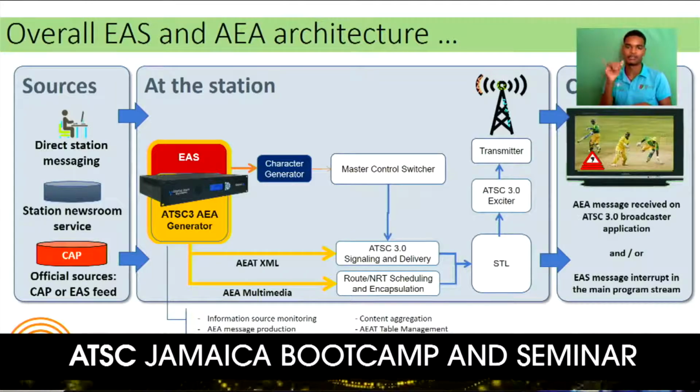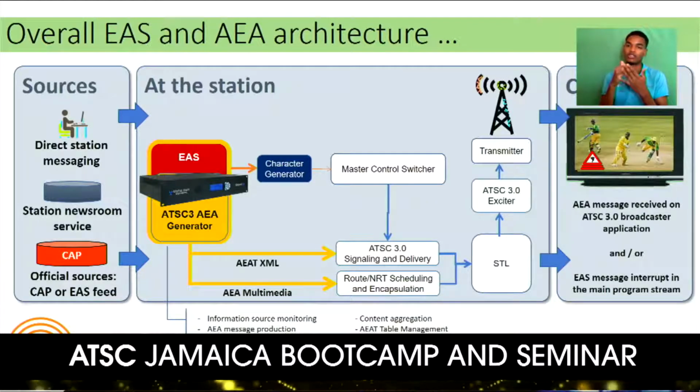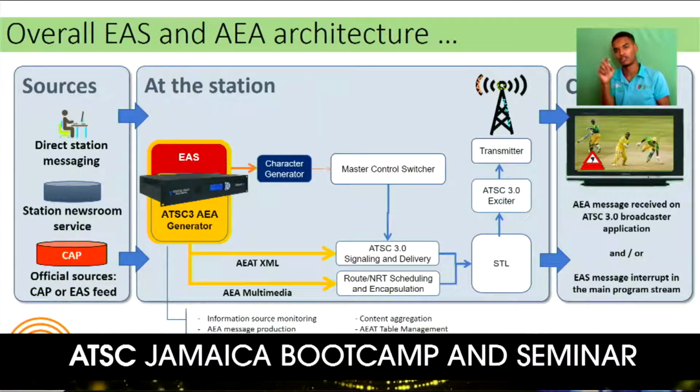You may have your own newsroom information. You may enter messages directly into the system. At that point, your AEA generator, is what we're generically calling it, the AEA generator creates the XML AEAT message.